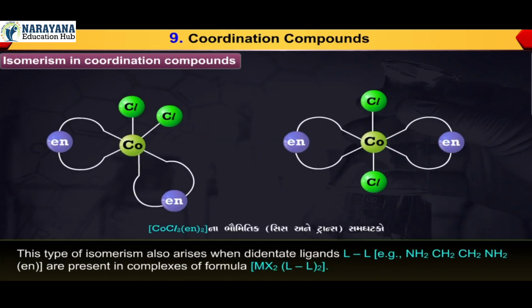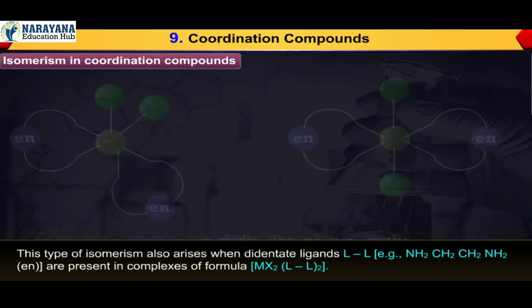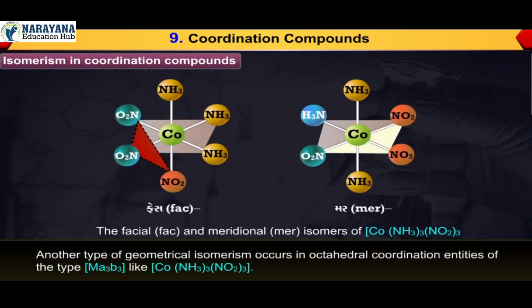This type of isomerism also arises when didentate ligands L–L, for example NH2CH2CH2NH2 (en), are present in complexes of formula MX2(L–L)2. Another type of geometrical isomerism occurs in octahedral coordination entities of the type Ma3b3, like [Co(NH3)3(NO2)3].